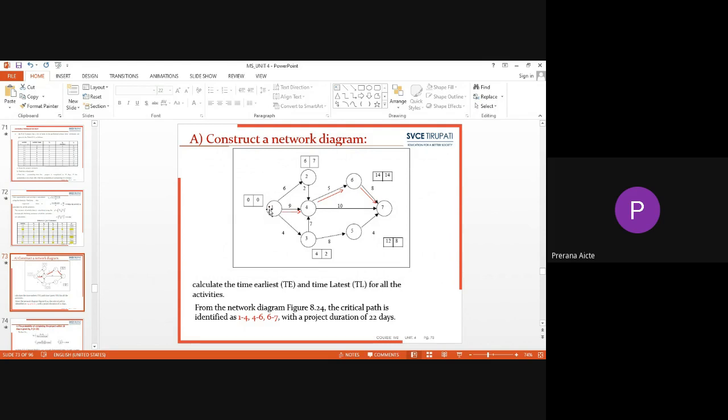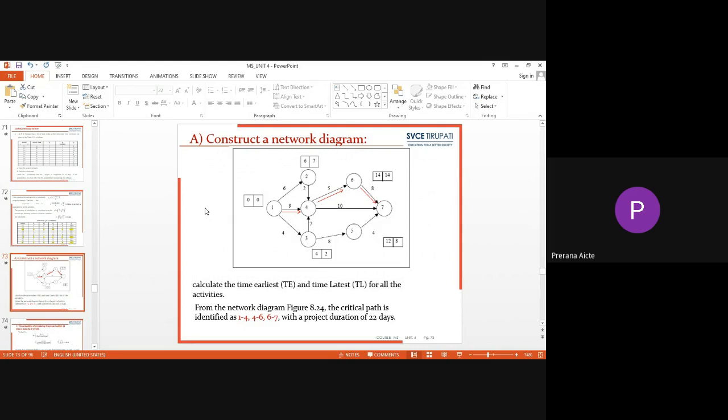So that means we consider a path like 1 to 2, 2 to 4, 4 to 6 and 6 to 8. We need to sum up all the activity durations lying in this path. That is one way of calculating the paths and their durations.